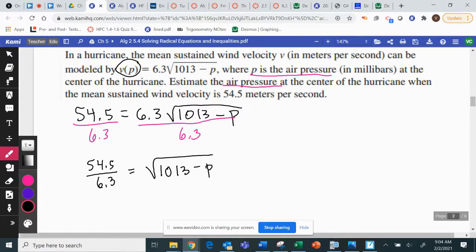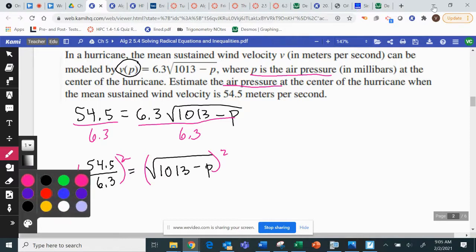So what do we do next? Emma, what do we do next? I'm sorry, can you speak up a little louder? Yes, how do we undo the root? Perfect. We're going to square both sides to cancel out that root.